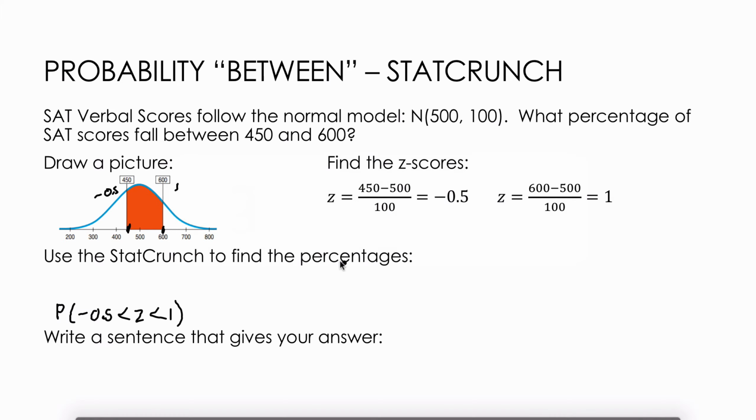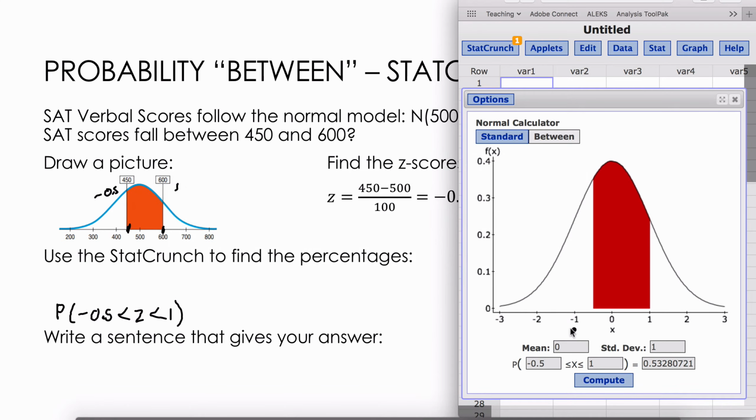So now I'm going to pop over to StatCrunch, and again I've got my 0 and I've got my 1, and I put in negative 0.5 and positive 1 and clicked compute. Notice the picture looks similar to my picture before, and that my probability is 0.5328.